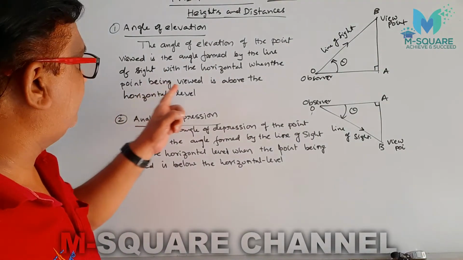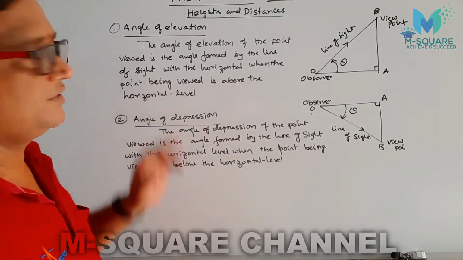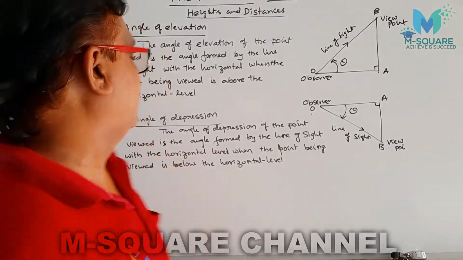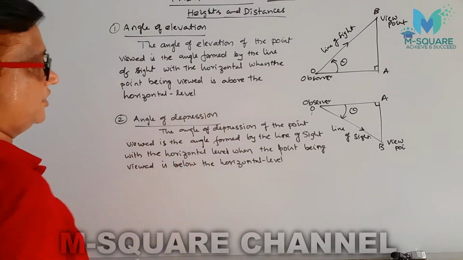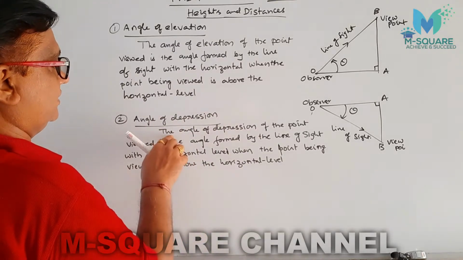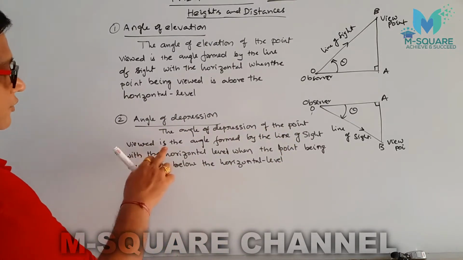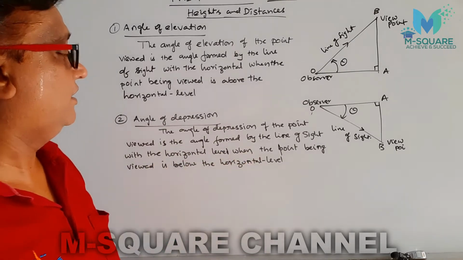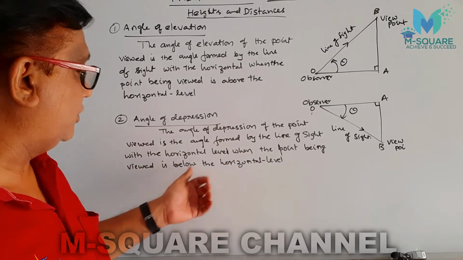When the point being viewed is above the horizontal level, that is called the angle of elevation, raising the head. And the angle of depression means seeing below: it is the angle formed by the line of sight with the horizontal level when the point being viewed is below the horizontal level.